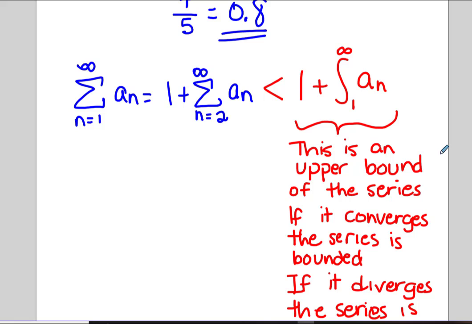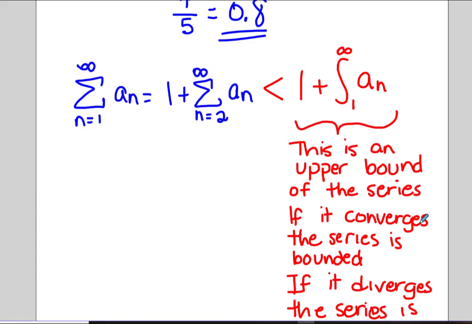So just to explain here, if we look at the summation from 1 to infinity of our expression 1 over x squared, we explored that it could be found by 1 plus, starting at the second term, the summation of the series from 2 to infinity. So this expression is less than this expression, and this is going to be the upper bound of the series.